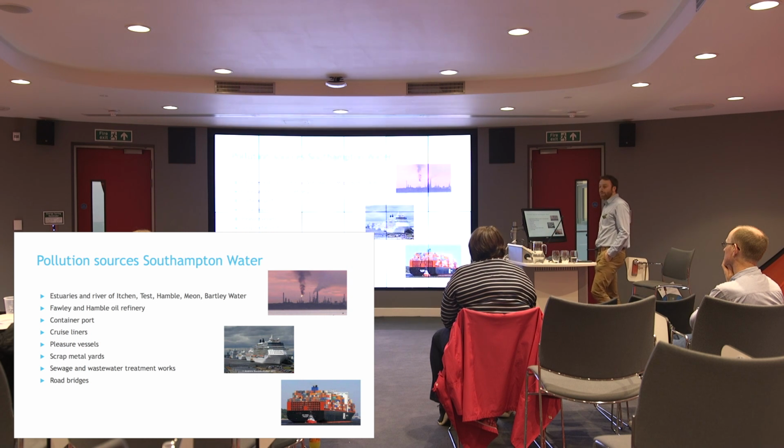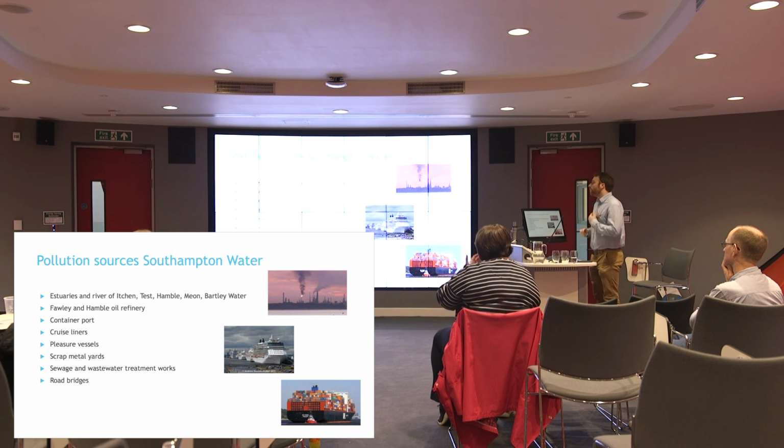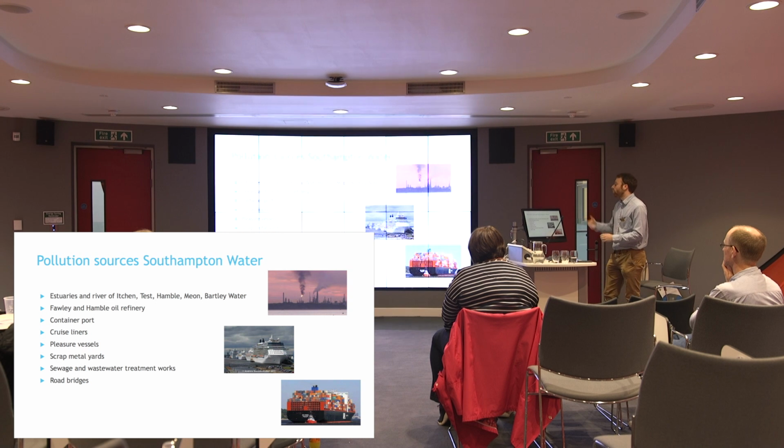So what are the main pollution sources of Southampton water? Well, estuaries and rivers are pollution sources in their own right, as anything that flows into the estuary and the river further upstream will be moved down the river and estuary. Also at Fawley and Hampshire we've got the oil refineries. These could be a pollution source. In fact, that is unlikely these days, but small spillages could occur, and these could release pollutants into the environment.